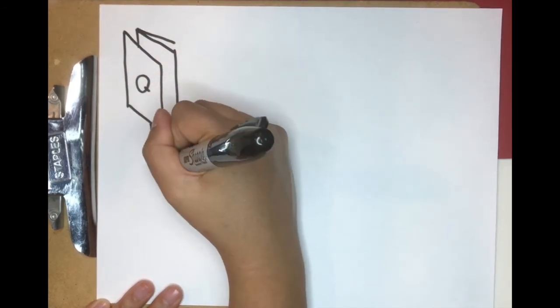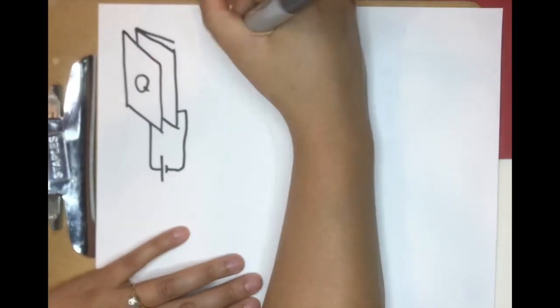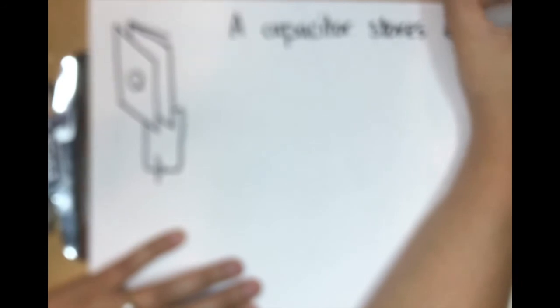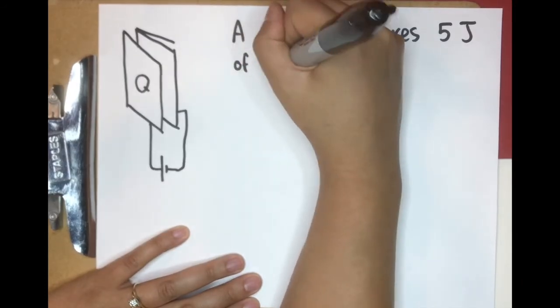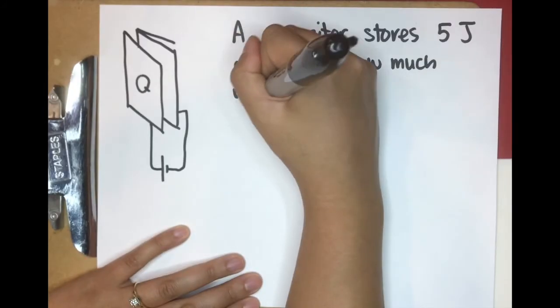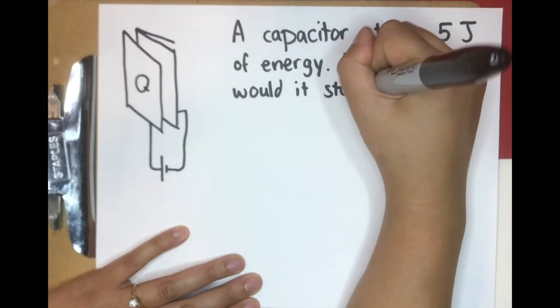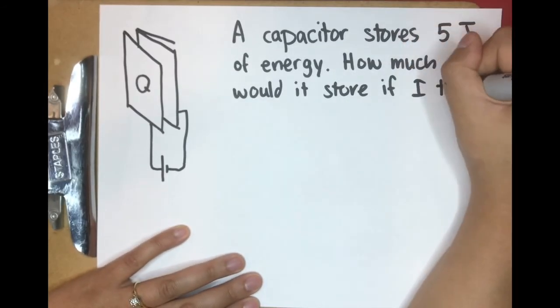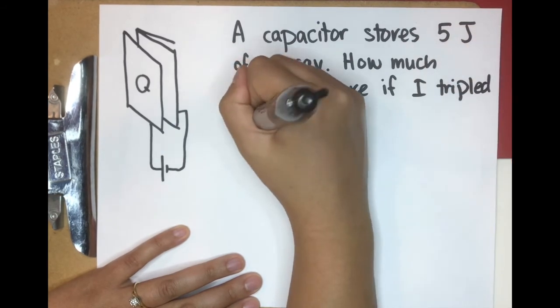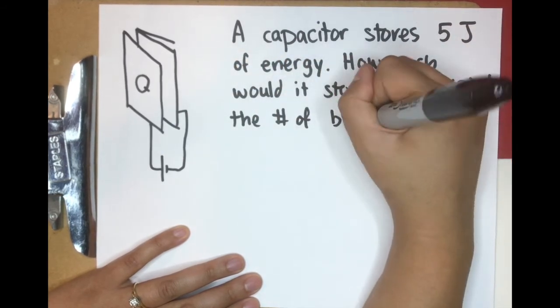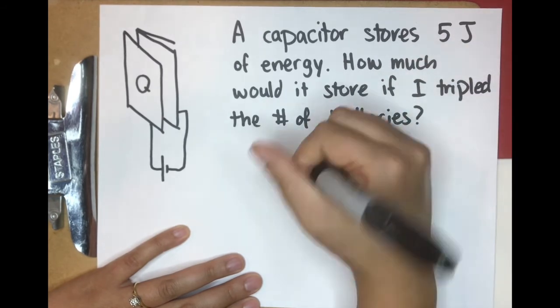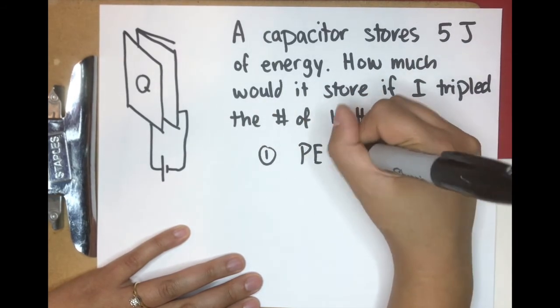And the last one is, can I actually use this to find an actual answer, instead of just proportions? And the answer is yes. Let's say I have a capacitor that stores 5 joules of potential energy. How much energy would it store if I put 3 times as many batteries? 3 times as many batteries would triple the voltage.